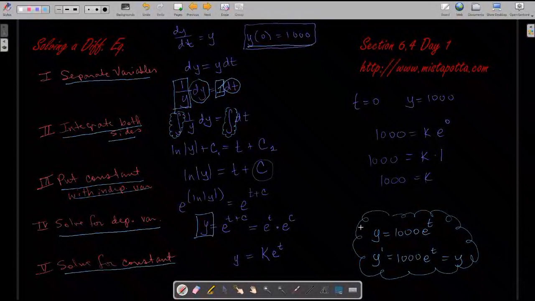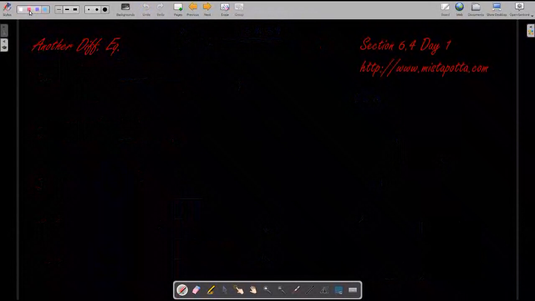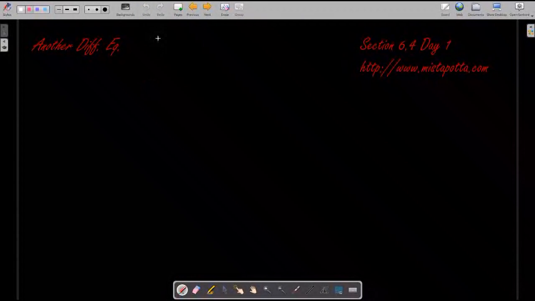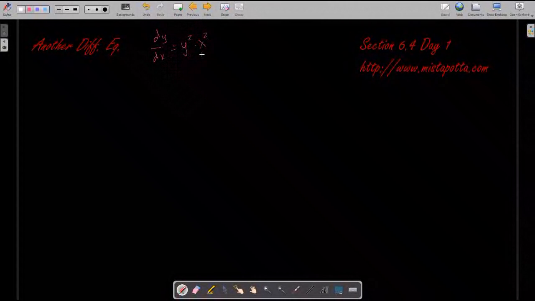So I want to go through a couple more examples of this. So let's start off with this differential equation. Let's say that I have dy dx is equal to y squared times x squared.